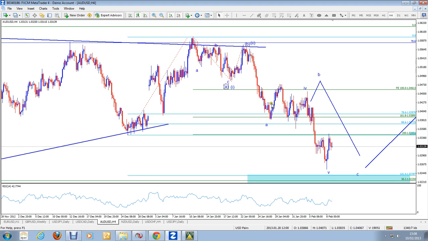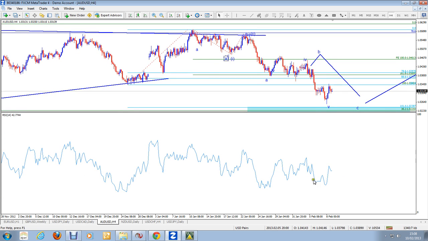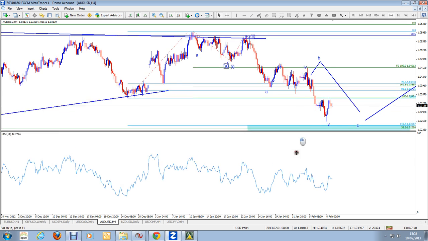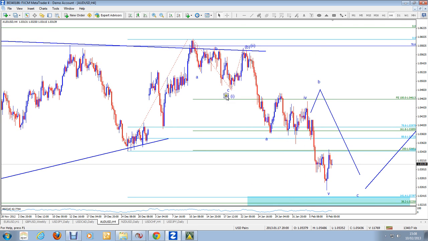So with a wave 1, 2, 3, 4 and 5, but if you look at the RSI, we have a confirmation that there is a possible divergence, but that might actually complete overall wave A, and in which case what we would then expect is a retracement and then another leg lower.